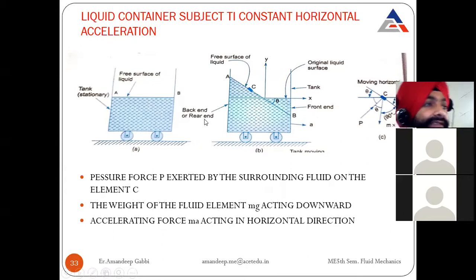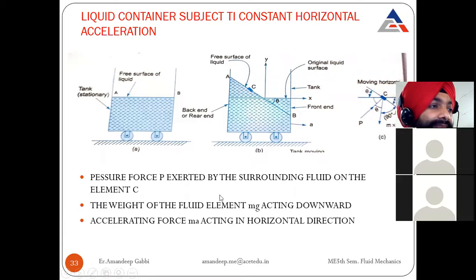Now pressure force P exerted by the surrounding fluid on the element C. First thing is pressure force that is acting on this C element because of this liquid that is surrounding it. Second one is the weight of the fluid element, that is mg acting downward, mass into gravity.